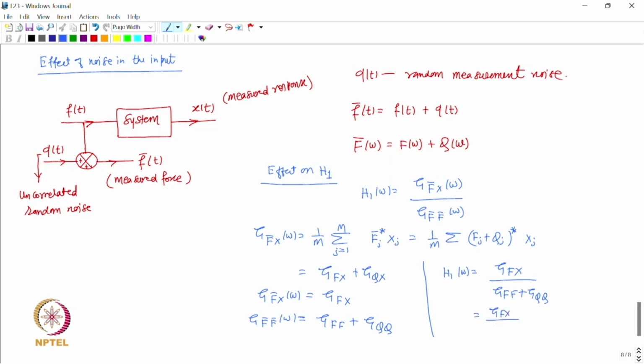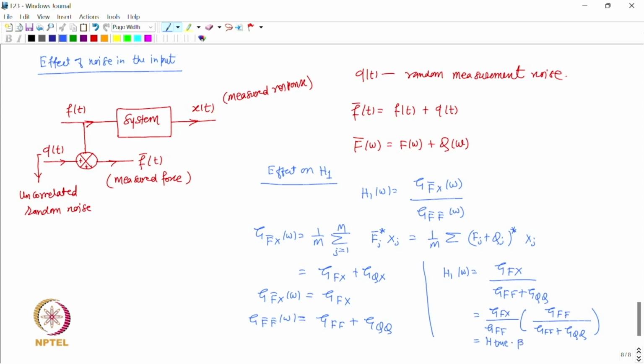And this we can also write as G f x upon G f f times G f f upon G f f plus G q q, right. So, dividing and multiplying by G f f, we note that this coefficient G f x upon G f f is basically H true, and let us represent this term in the bracket by some factor, beta.